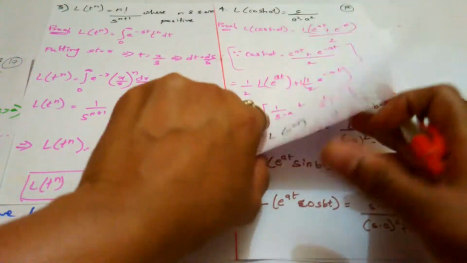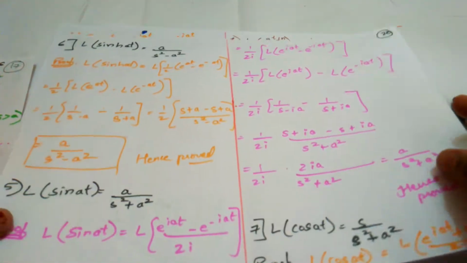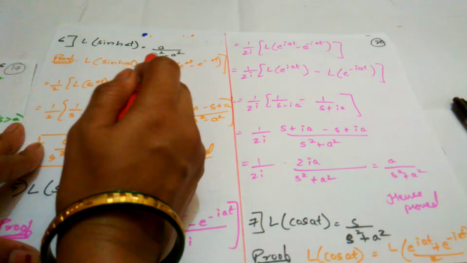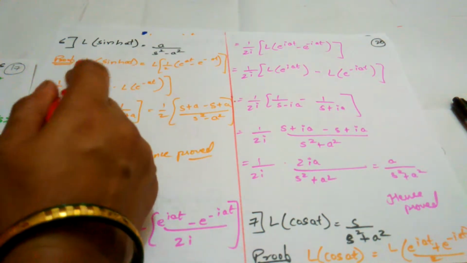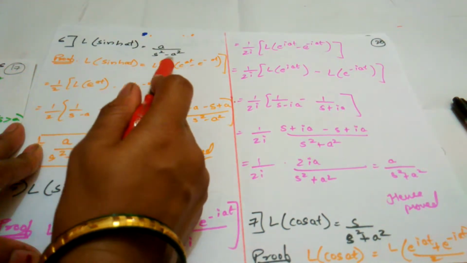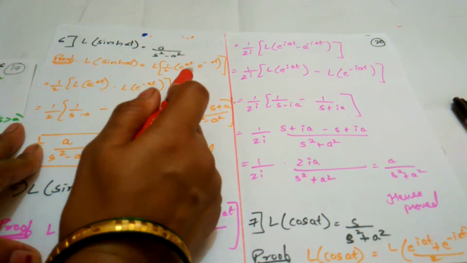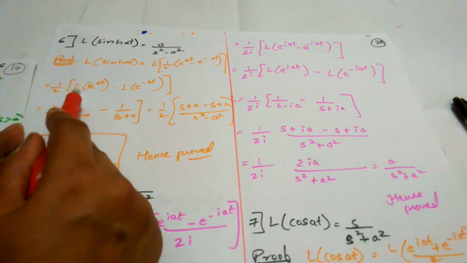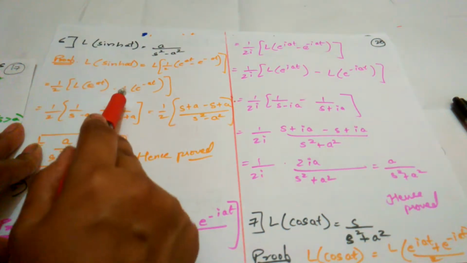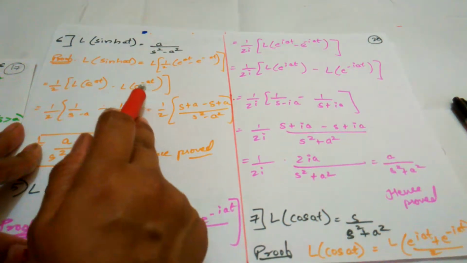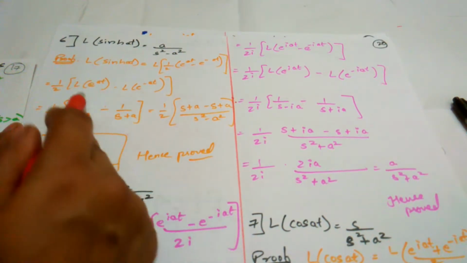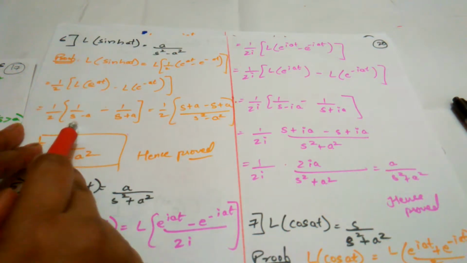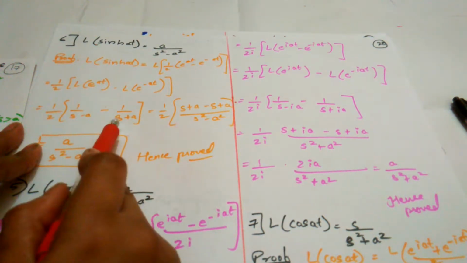Similarly, we solve for sinh of at, which is equal to a upon s square minus a square. L of sinh of at is equal to L of 1 upon 2 times e raised to at minus e raised to minus at. Next step it is 1 upon 2 L of e to the at minus L of e raised to minus at, which is 1 upon 2 times 1 upon s minus a minus 1 upon s plus a.